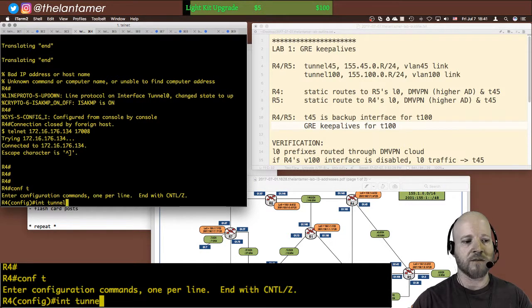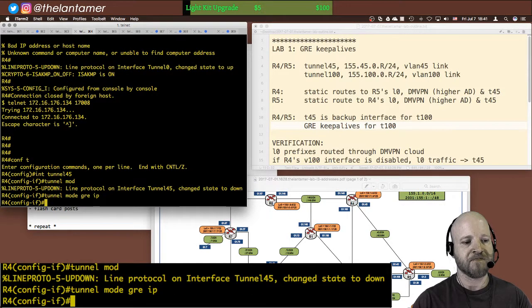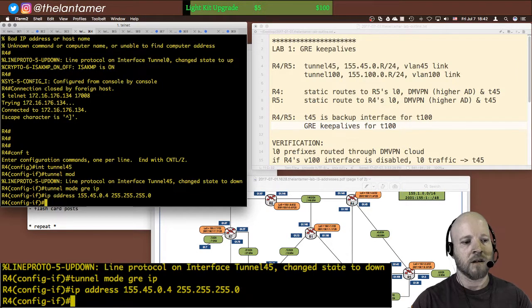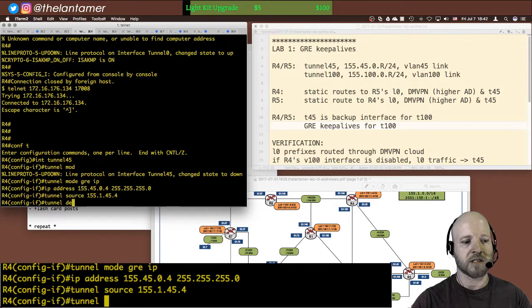Interface tunnel 45. We're going to say tunnel mode GRE IP, and IP address 155.45.0.4. Tunnel source is on the VLAN 45 link, so that's going to be tunnel source 155.1.45.4, and tunnel destination is going to be 155.1.45.5.